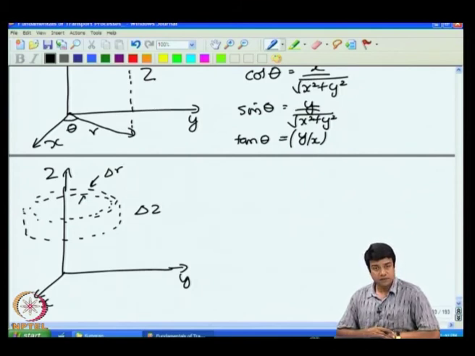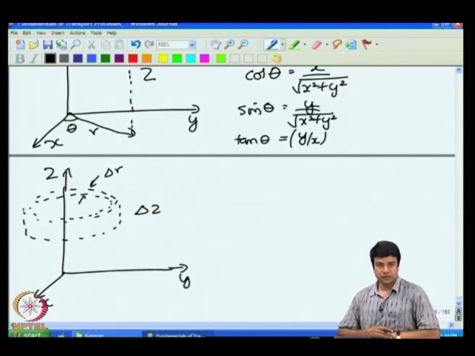This is valid only for systems which have axisymmetry, that is, they are symmetric as you go around the z axis. In general, problems do not have axisymmetry.